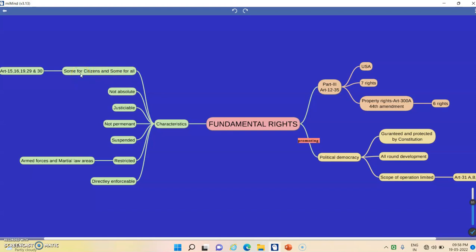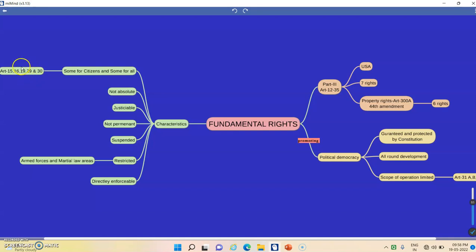That is, Article 15, rights against discrimination, Article 16, rights for equal opportunity in public employment, Article 19, Article 29 and Article 30.